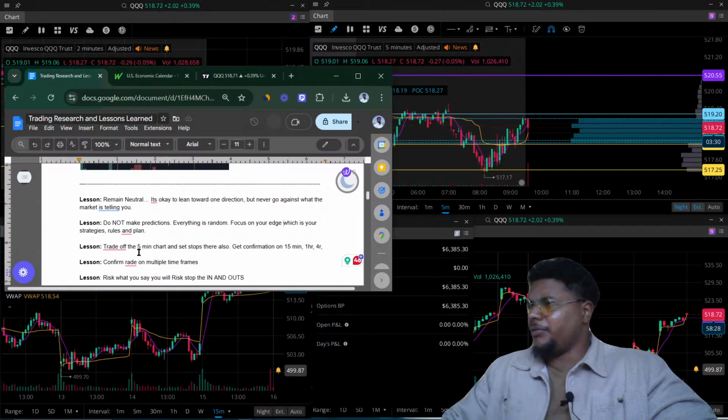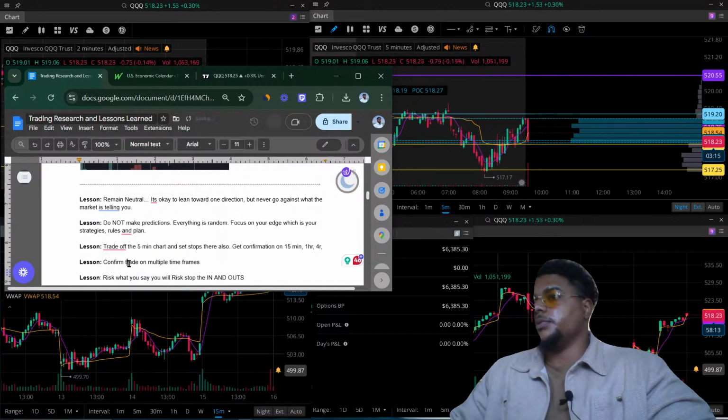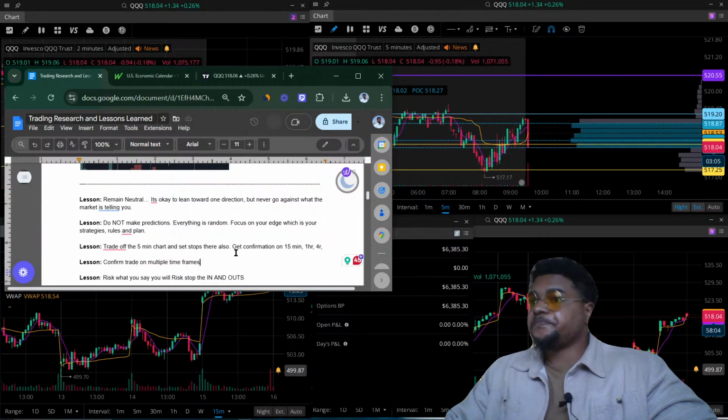I realize when I trade off of the 1 minute chart, there's a lot of noise, a lot of stuff that doesn't really matter. So I'm going to start making my decisions based off of the 5 minute chart. Confirm the trade on multiple time frames. I want to make sure that it looks good on all the time frames, 1 hour, 15 minute, 5 minute, and even on the daily as well, right?